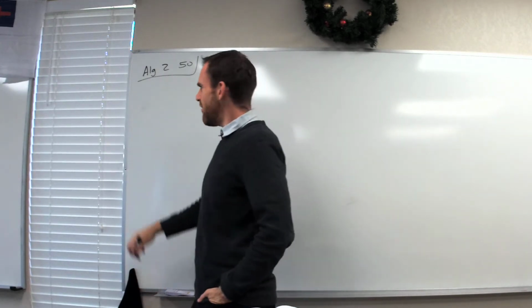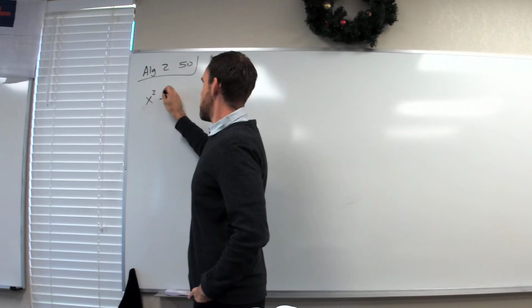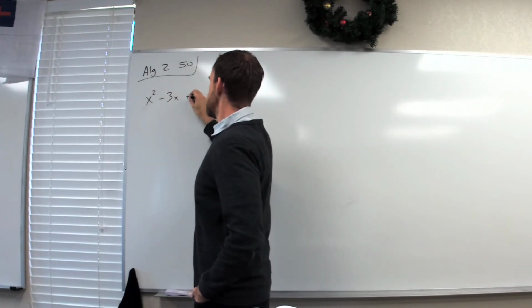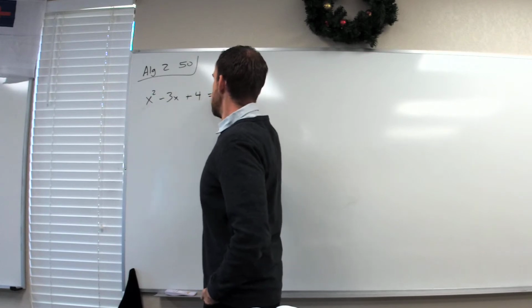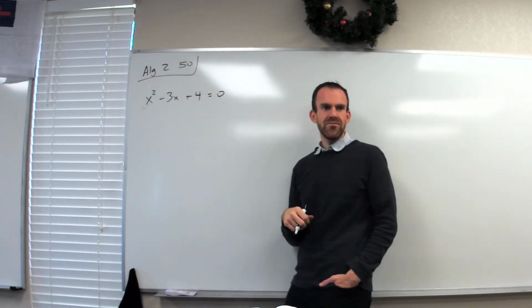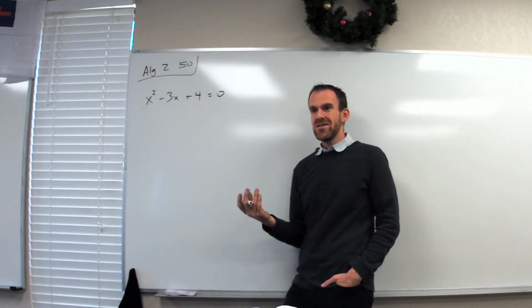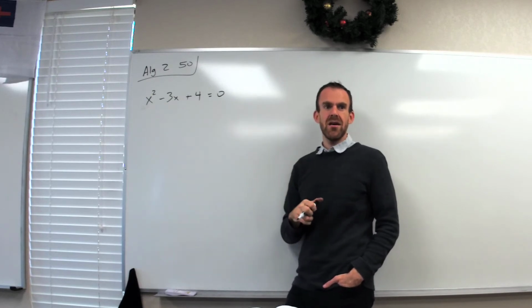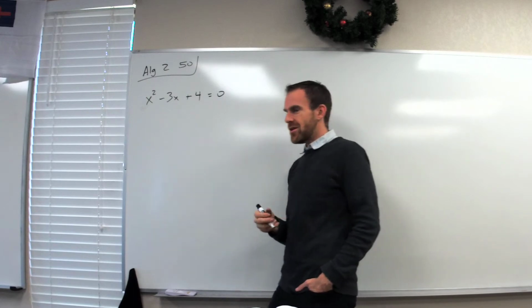Oftentimes, we have encountered problems like this. And how do you solve it? Factoring. You try and factor, so you're trying to find two numbers that multiply to make 4 and add to make negative 3. What are those two numbers?